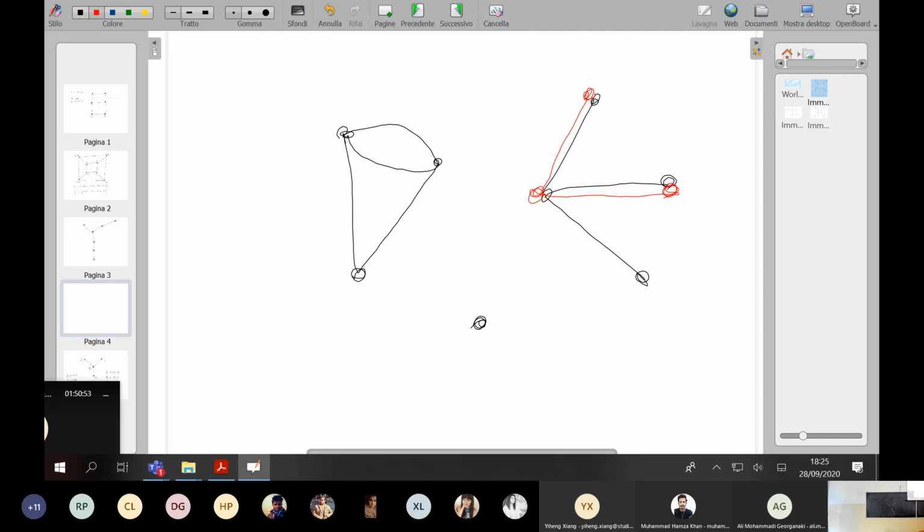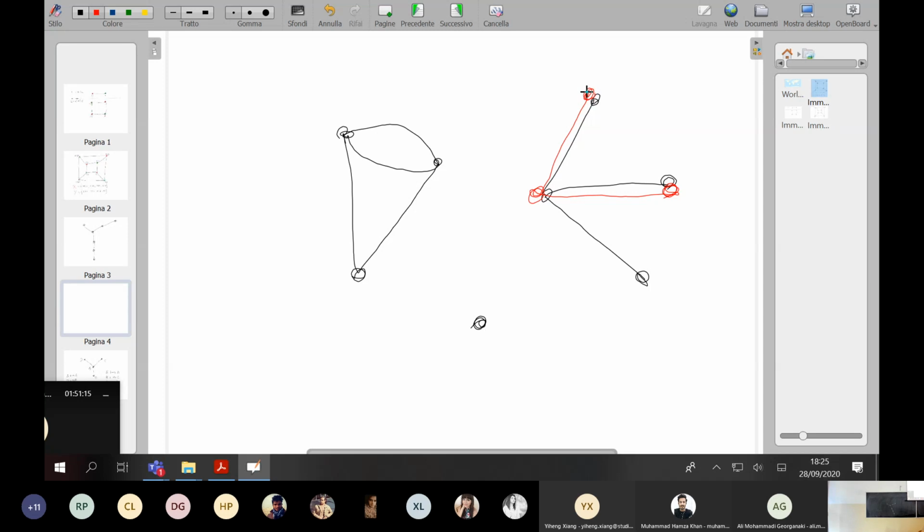Is this a subgraph? Sure. It is a subset of vertices, a subset of edges, and we have the same incidence function. The same edges which were in the black graph are joining the same vertices also in the red one. So it's a subgraph. Is it connected? Yes. Why?